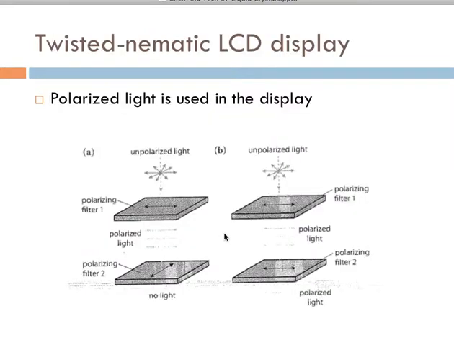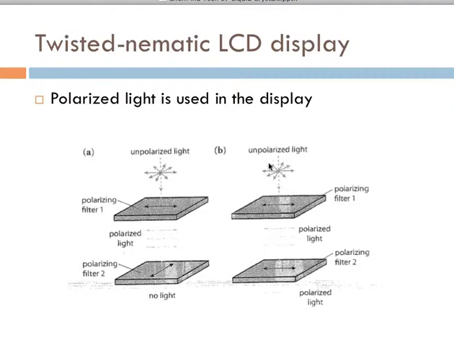Okay, so for the twisted-nematic LCD display, you need to understand a little bit about how this works. If I have unpolarized light, that's light that goes in waves in all different directions, and it's passed through a polarizing filter, if the second polarizing filter is oriented differently than the light coming through that small slit, you'll get no light on this other side.